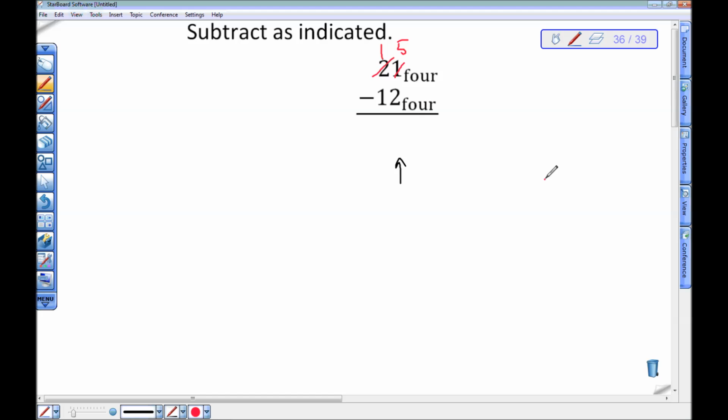I can write a 5 up here kind of legally because if you think about subtracting in our regular system, when I borrow, I write a number up there that I don't have an individual digit for. I kind of cheat by writing 16. Think about it as 110 and 6 more.